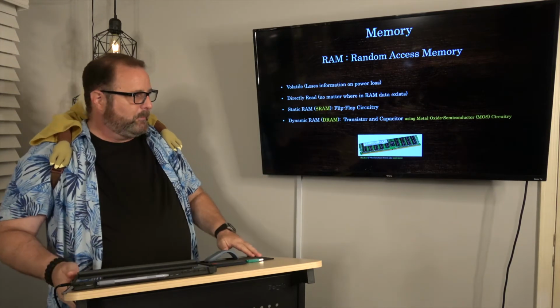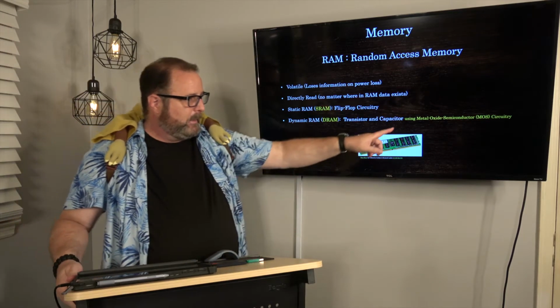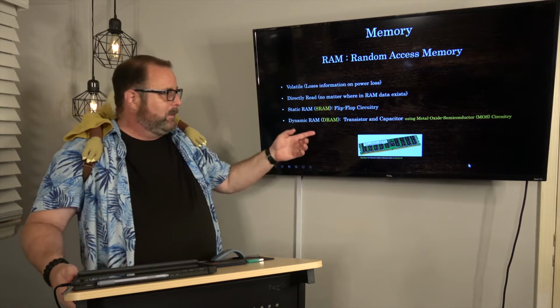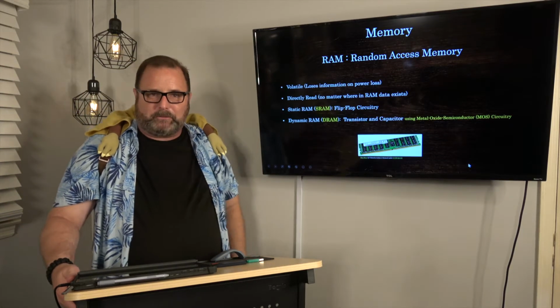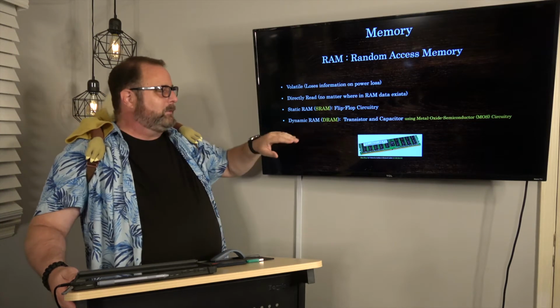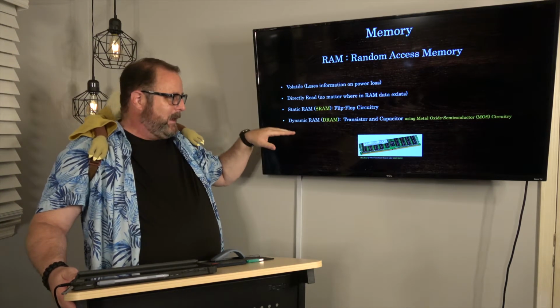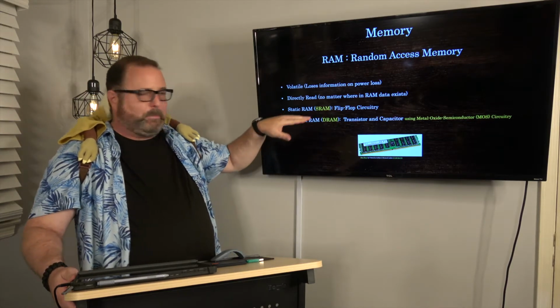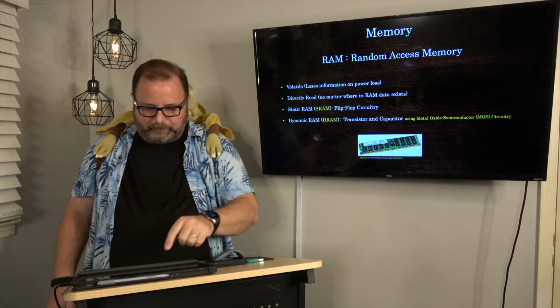And that's all you need to know for this course, okay? It's using MOS or metal oxide semiconductor circuitry of a transistor and a capacitor, okay? So when you hear DRAM, we're talking about dynamic RAM, which uses the MOS technology as opposed to the older flip-flop memory, okay?